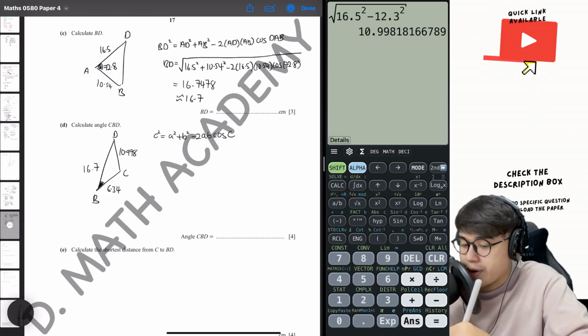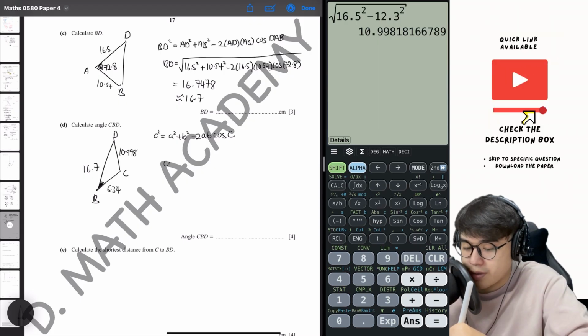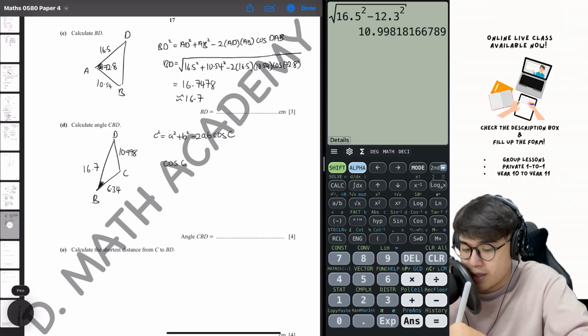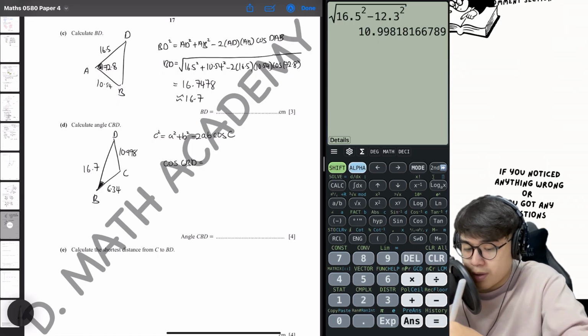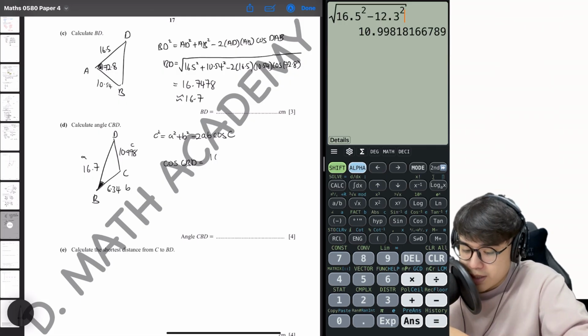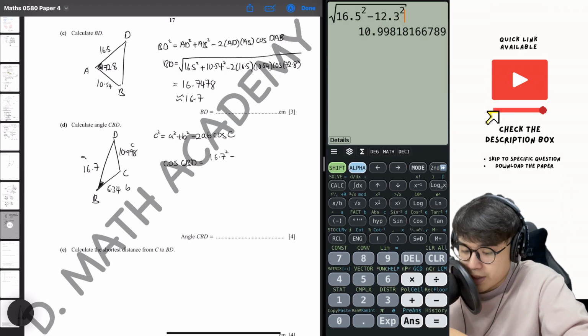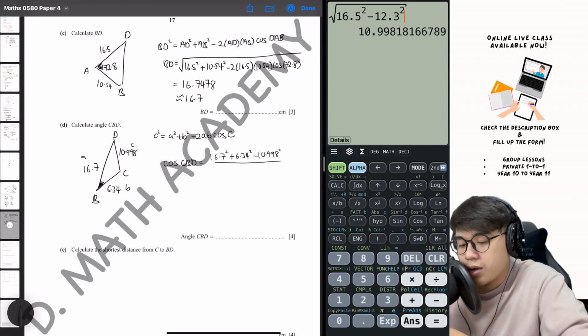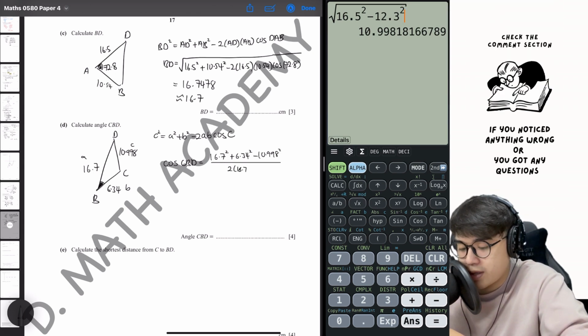Okay, and then when you rearrange cos C as the subject, or in this case, our cosine CBD, this is the A, this is the B, this is the C, just in case. It will be 16.7 square plus 6.34 square minus 10.998 square over the entire thing, 2 times 16.7 times 6.34.